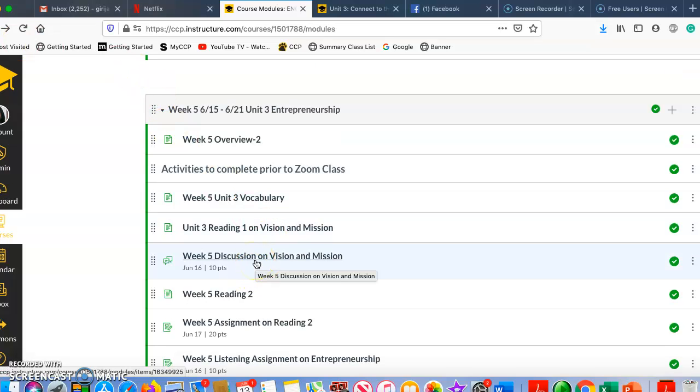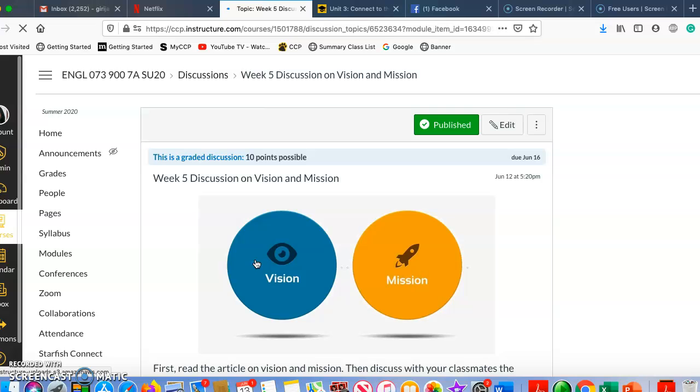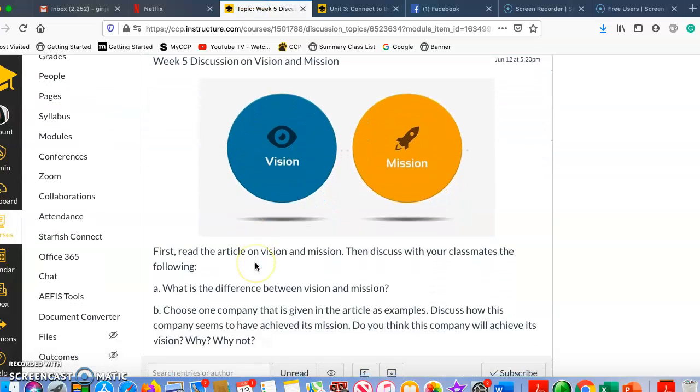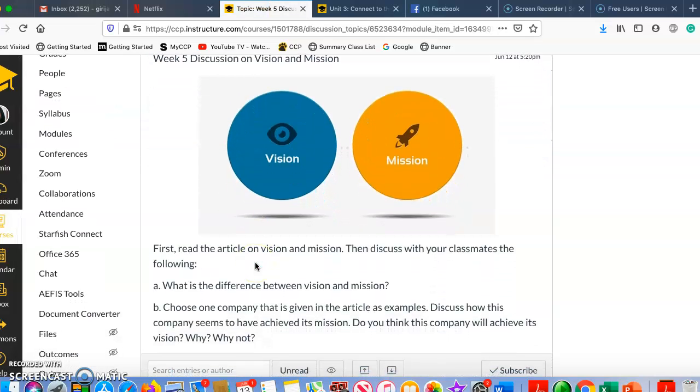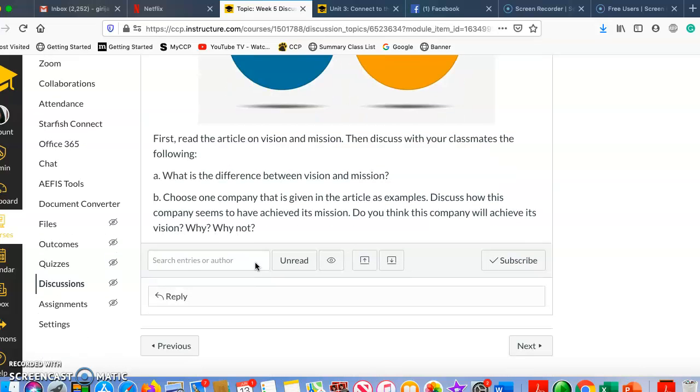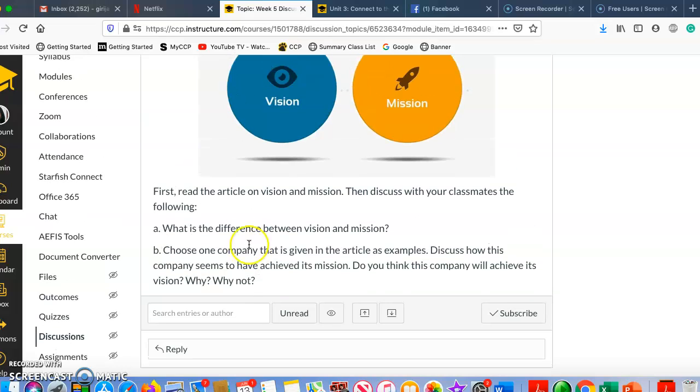Then participate in this discussion on vision and mission. You have to post your reply before the class on Wednesday. All right? So you need to do that. And what is it that you have to do? You have to explain the difference between vision and mission.